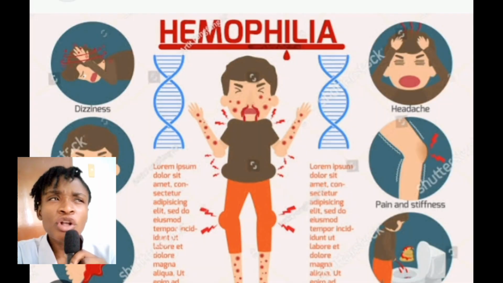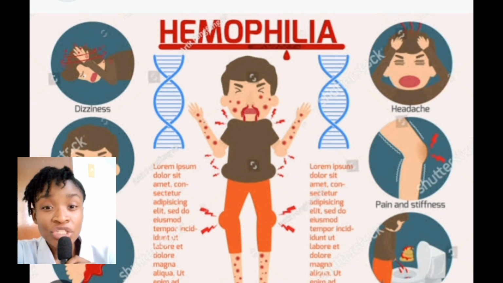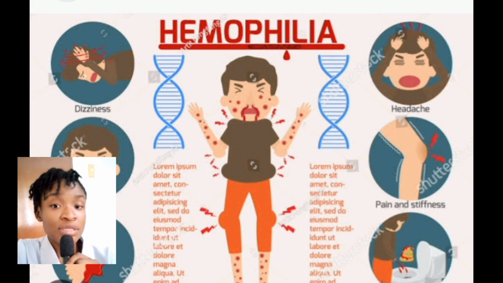Now we move on to hemophilia. Hemophilia, on the other hand, is a genetic disorder. It is inherited, and it is a disorder whereby blood does not clot properly, which means that when a blood vessel is injured, it will not heal in the usual way.